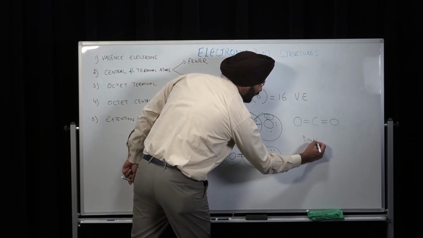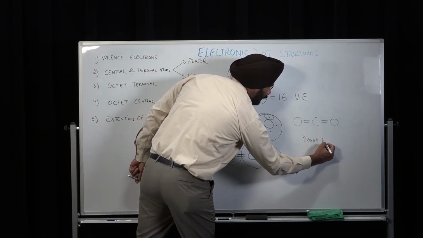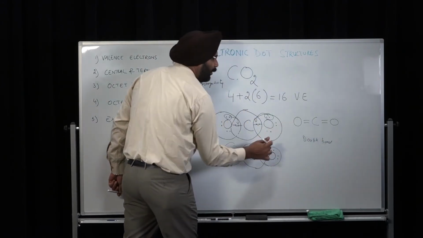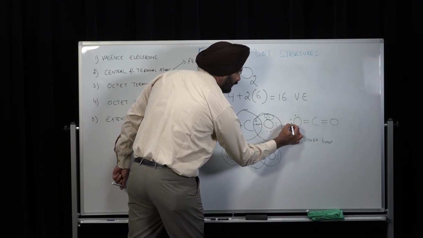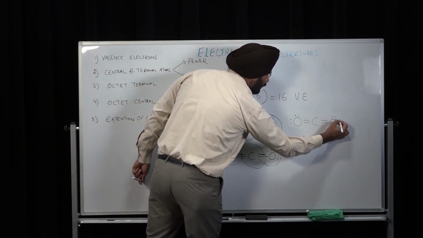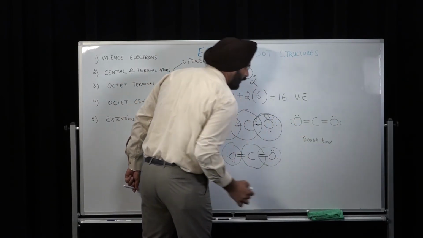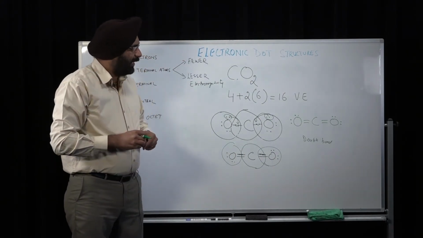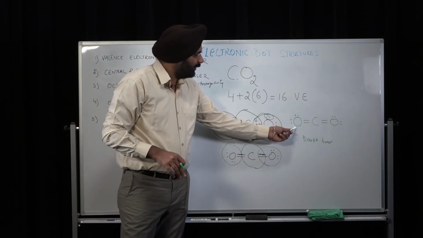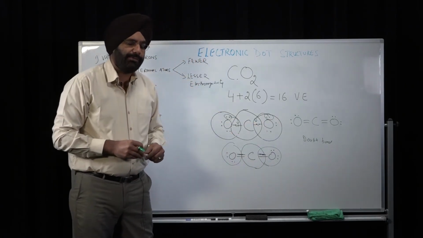It's no longer a single bond, it's a double bond. And the oxygen has 4 other electrons which are arranged in pairs. So this is the electronic dot structure of carbon dioxide.